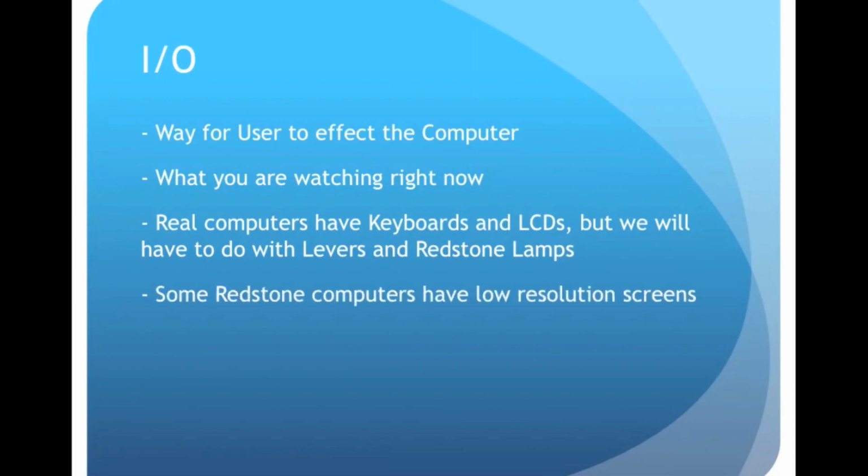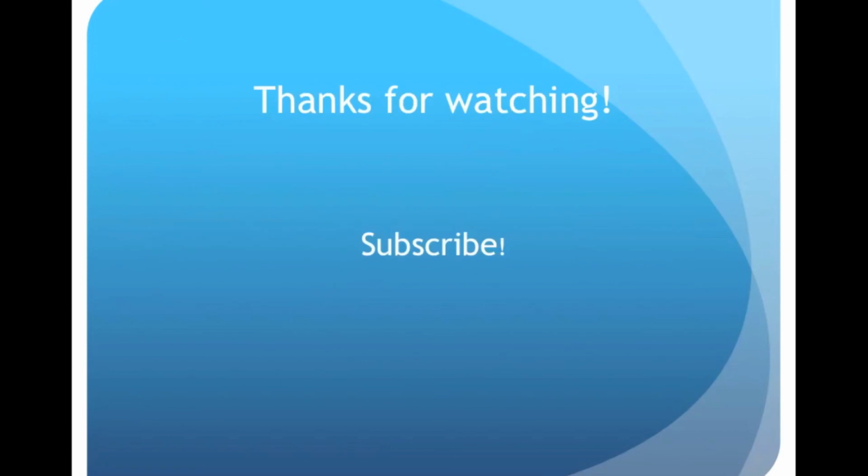Some redstone computers actually have low-resolution screens, but we're not going to do that just because the instruction set isn't friendly for that. This is really going to be the sort of computer that's able to multiply floating point numbers. If you remember that from that series, we're actually going to end up programming a floating point number program on this computer. That really is it for this video.